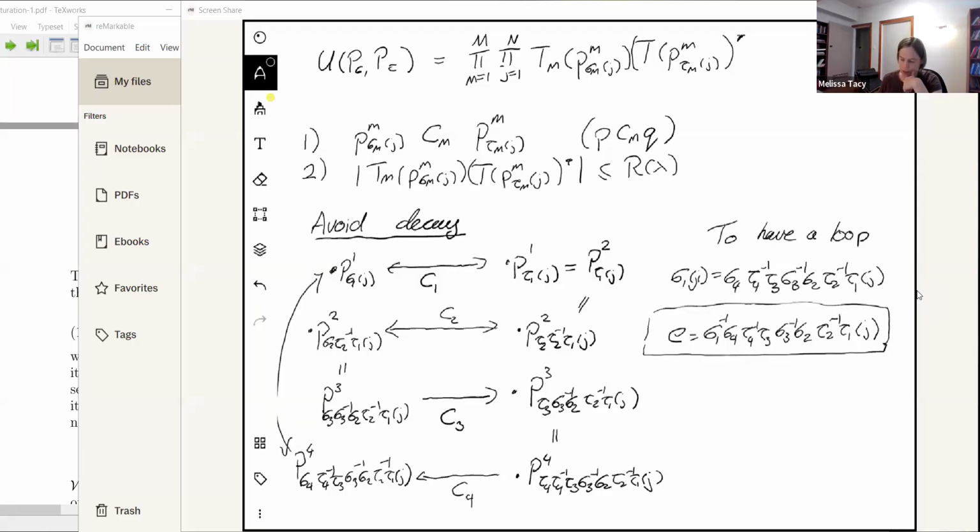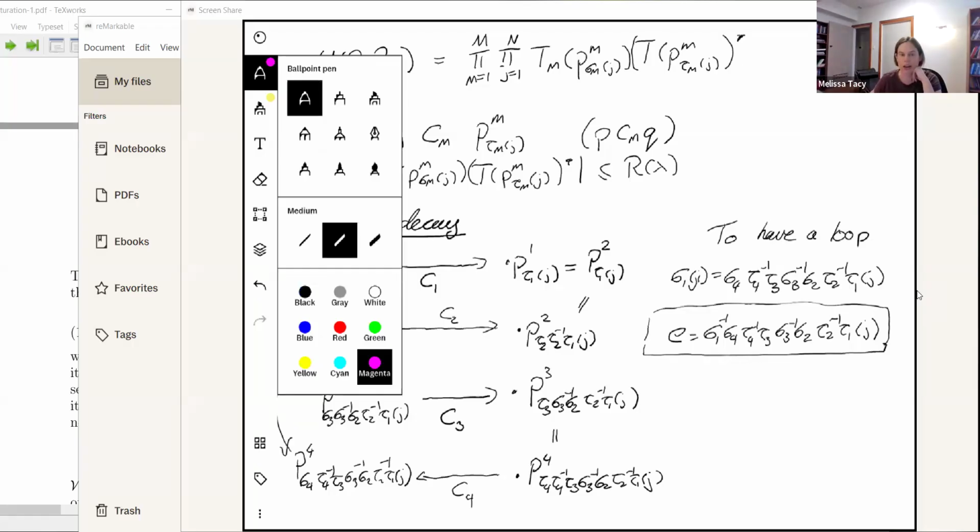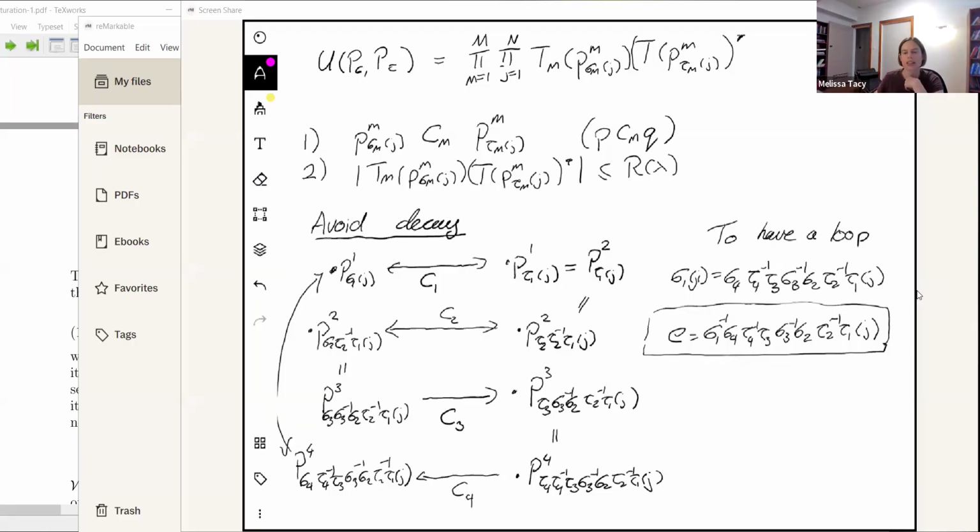So there's a couple of things that are important to notice here. The first one is that exactly what the address is doesn't depend specifically on the permutations themselves, but on what I'm calling the transitions. So sigma 1 inverse and sigma 4, and then sigma 3 inverse and sigma 2.